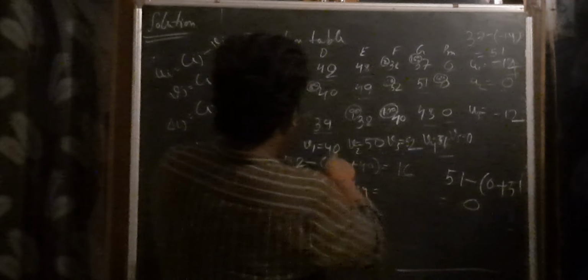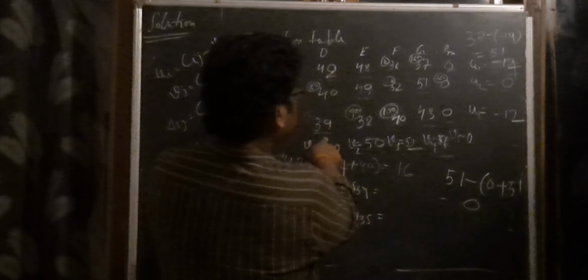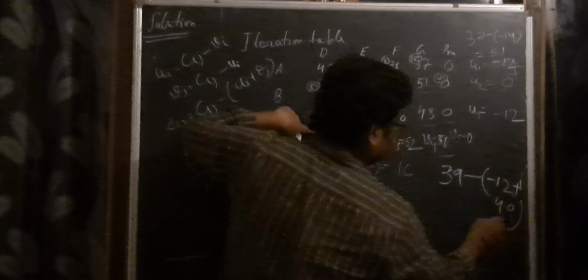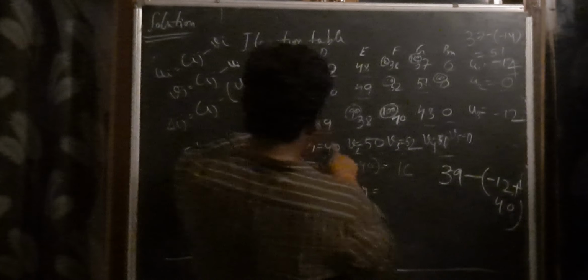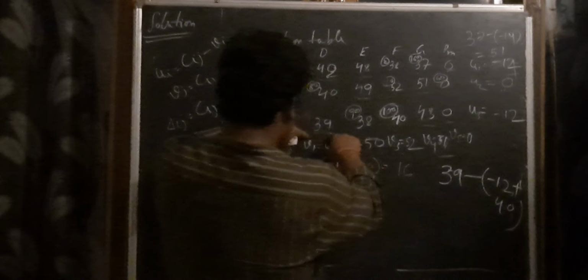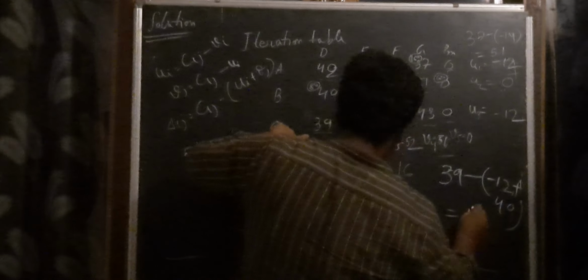Now del 31, this one, 39. So here 39 minus u3, which is minus 12, plus 40, V1 is 40. After calculation it will be 12.